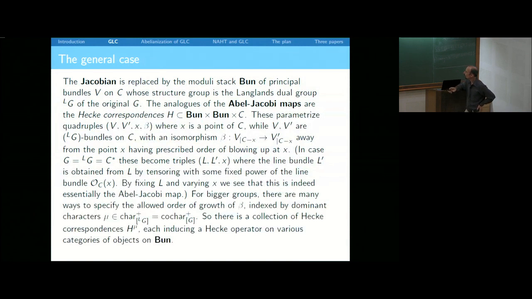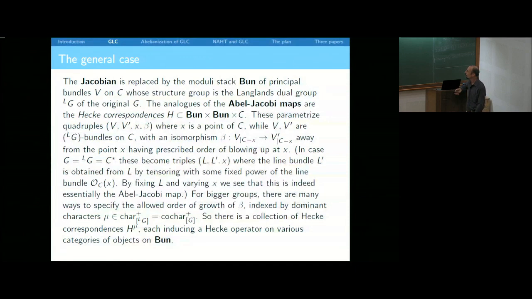Okay. So for bigger groups, this is what I promised about the betas. For bigger groups, there are many ways to specify allowed order of growth of beta, and they turn out to be indexed exactly by dominant characters. So char is that lattice that I had over there, the X. For each mu, which is a dominant character of the Langlands dual group, or dominant co-character of G, there will be a way of measuring the order of growth with respect to a one-parameter subgroup going in that direction.